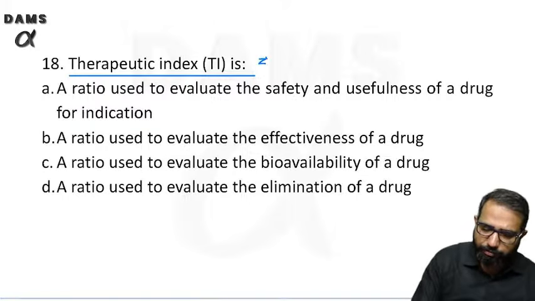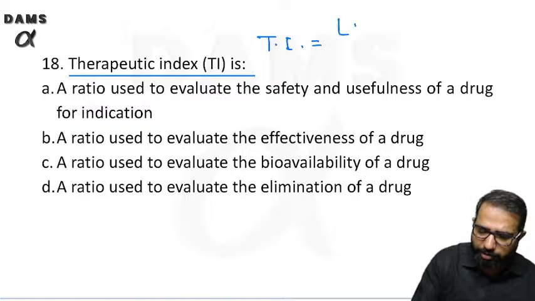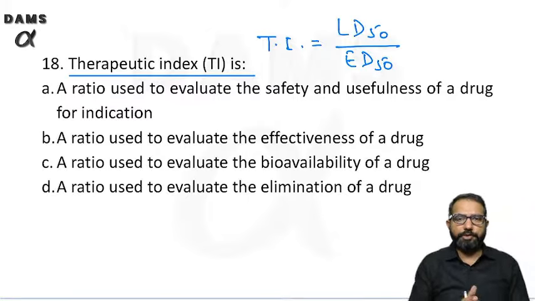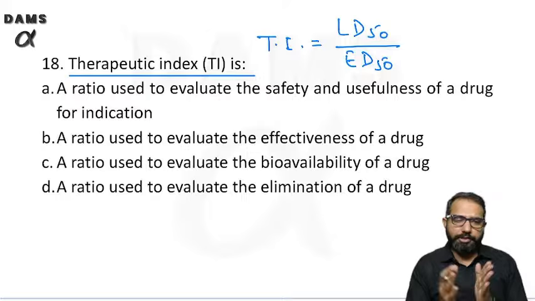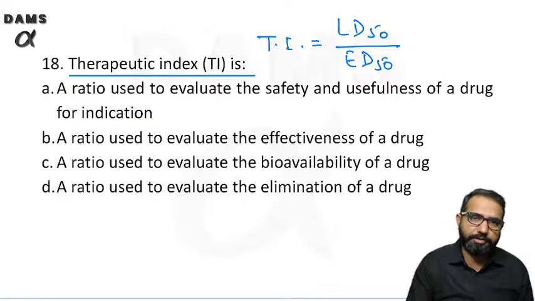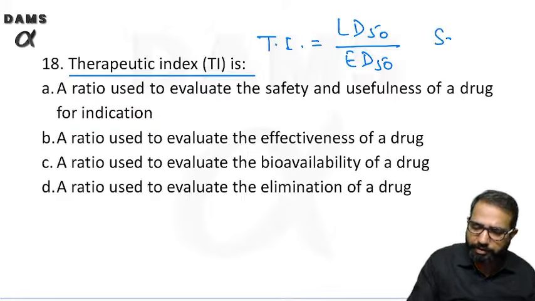It is the ratio of median lethal dose and median effective dose, so median lethal dose divided by median effective dose. This ratio will define the safety index.